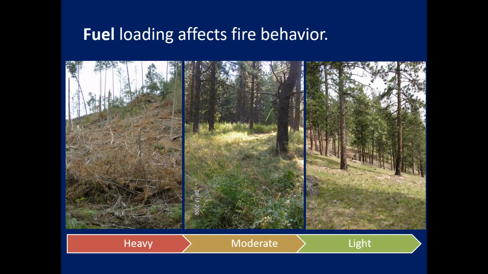On this left-hand screen, you can see the heavy vegetation or heavy fuel loadings. The center is moderate. Maybe that's had some commercial harvest that has taken place, might have seen some fire several years back. And on the right-hand side, that area had seen some fire. You can see a little bit of dark patches on the bases of those existing trees.